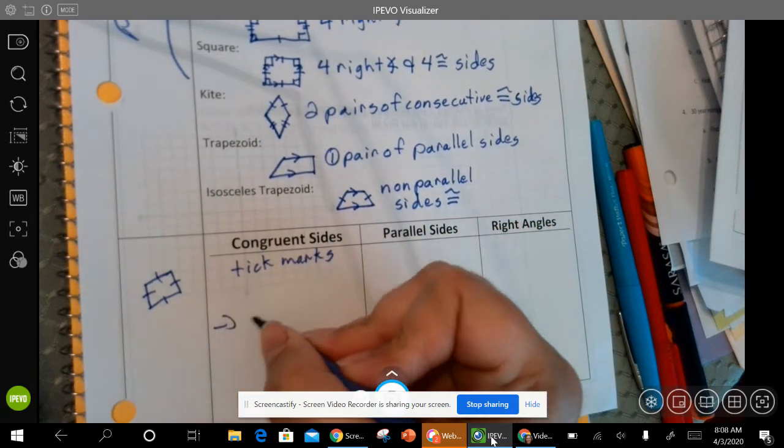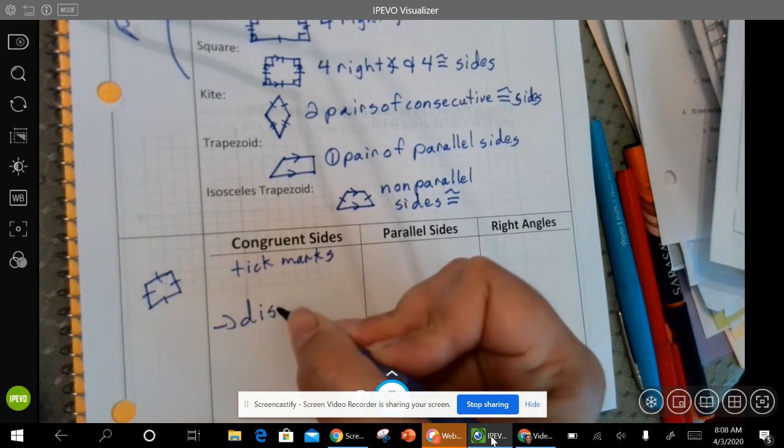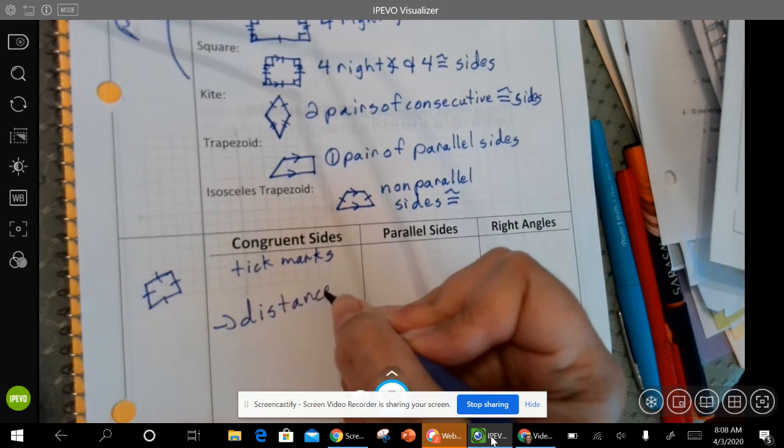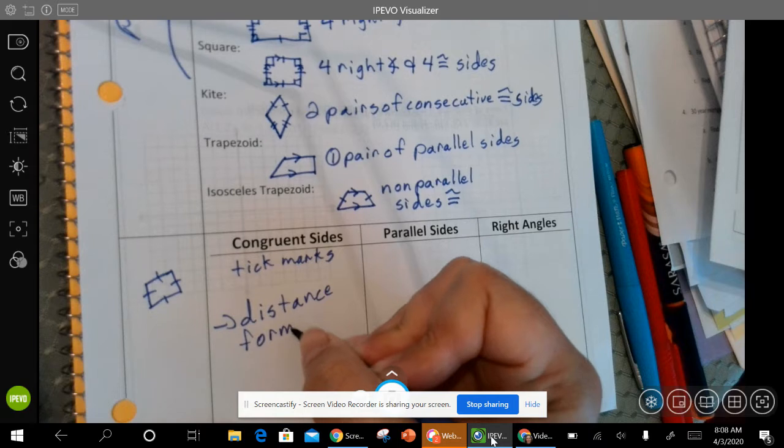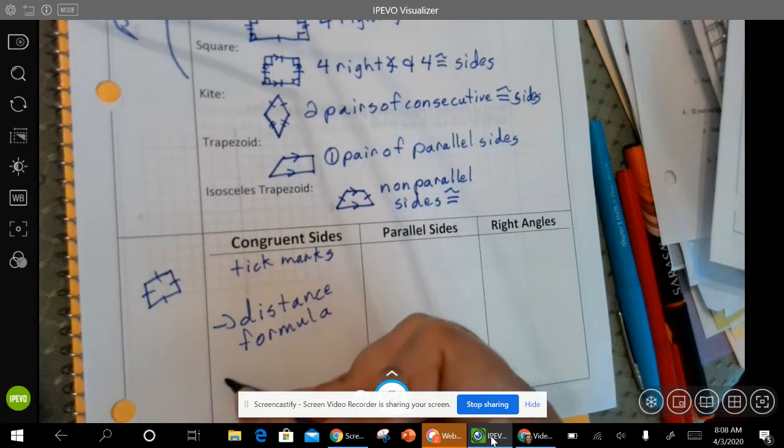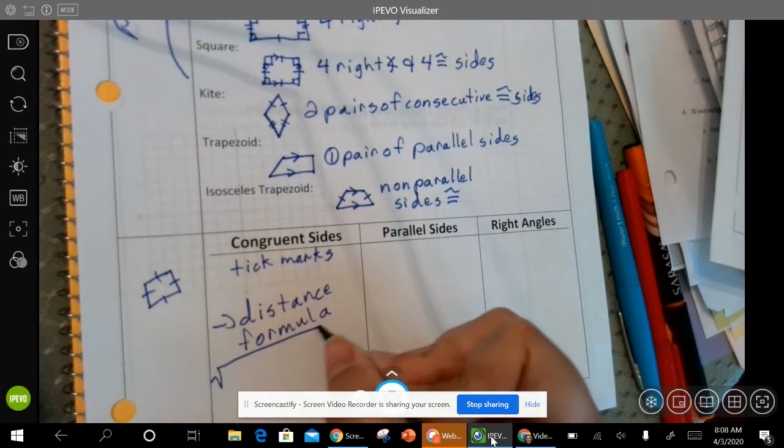Okay, we can use the distance formula. Remember, another form of our distance formula is the Pythagorean theorem.